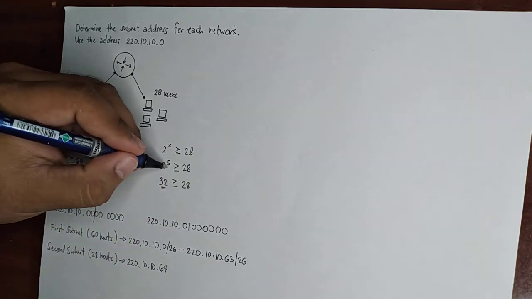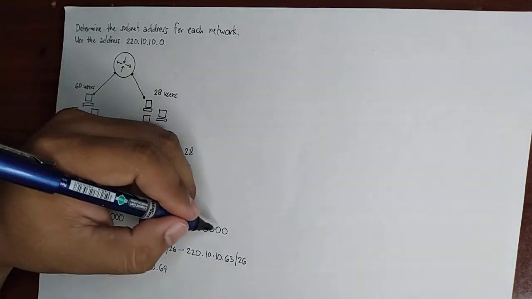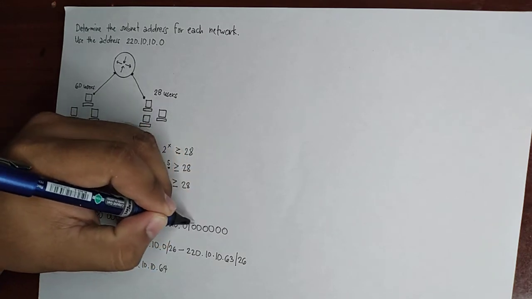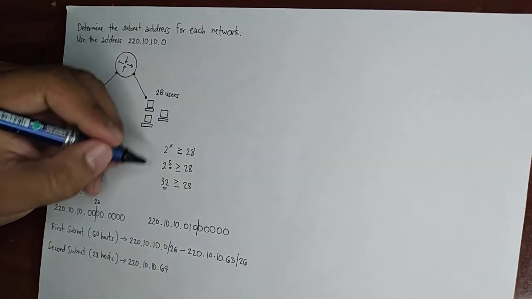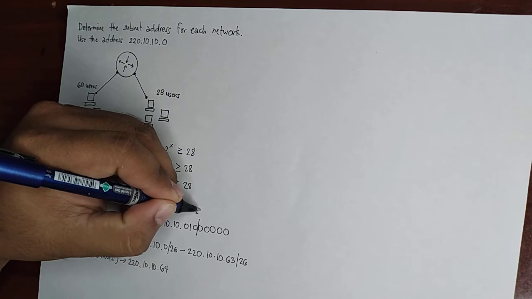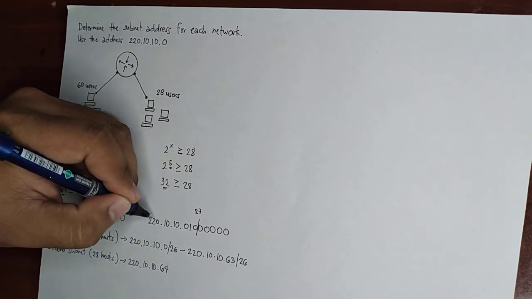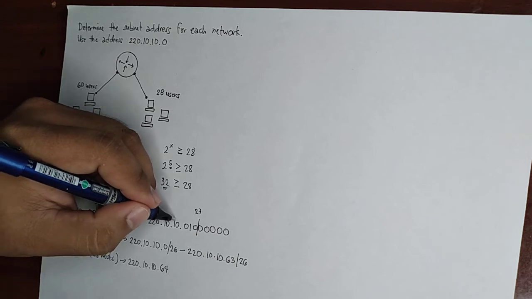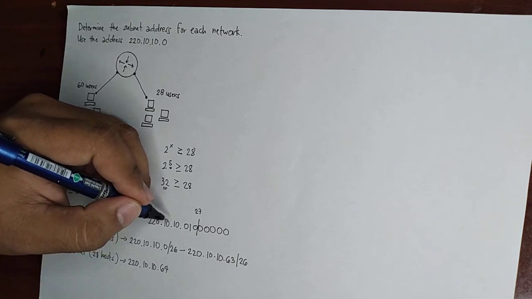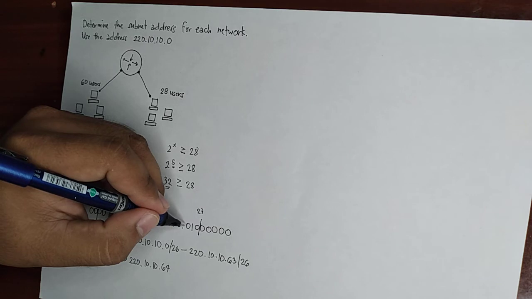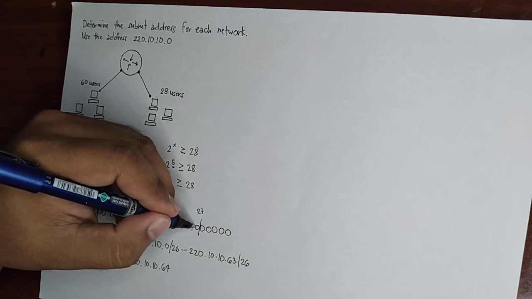We will get 5 bits for the host: 1, 2, 3, 4, 5. That becomes our slash 27, coming from 8 bits in the first octet, plus the second octet, plus the third octet, which is 8 times 3, that is 24, plus 25, 26, 27.